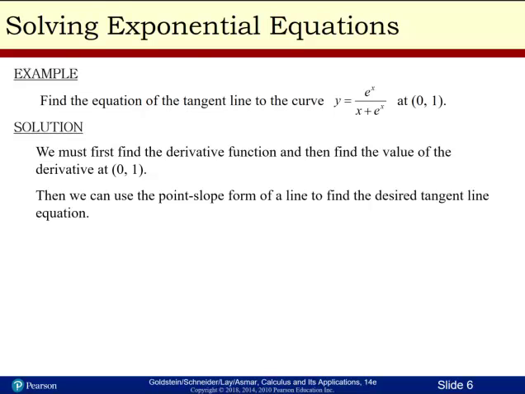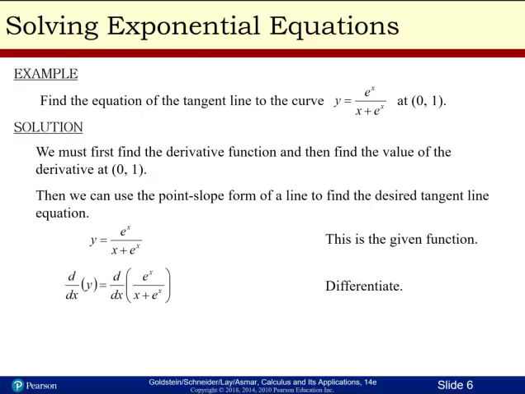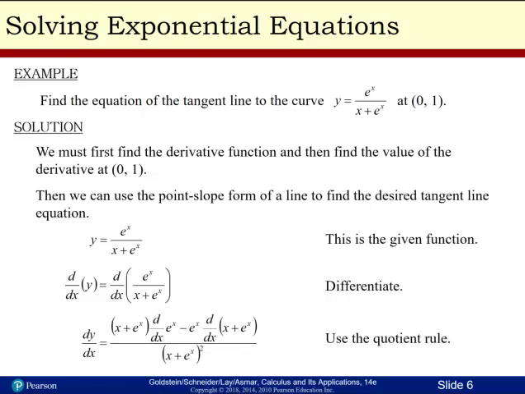So first let's write down our equation. All right, there's our equation. We're going to take the derivative. So the derivative of e to the x over x plus e to the x, we're going to have to use our quotient rule. So here, using our quotient rule, where we write down the denominator times the derivative of the numerator minus the numerator times the derivative of the denominator all over the denominator squared, and simplify that.